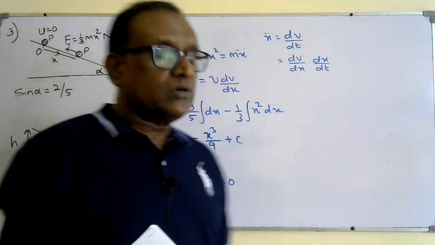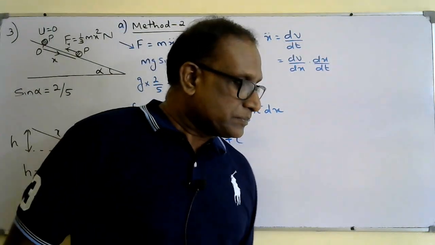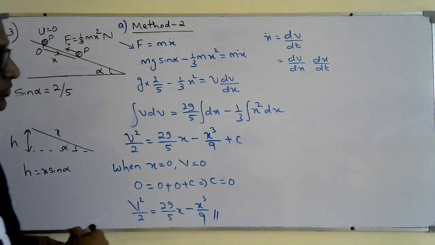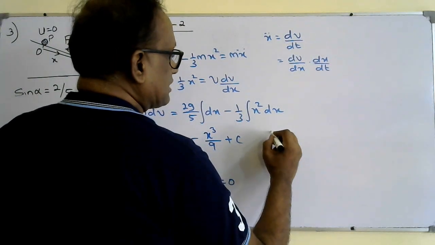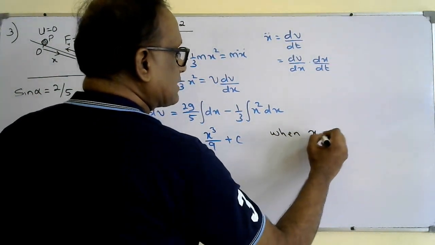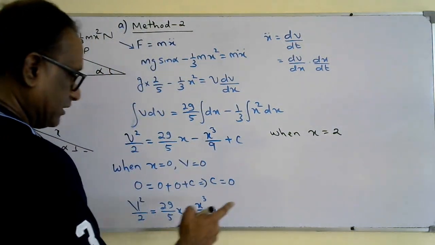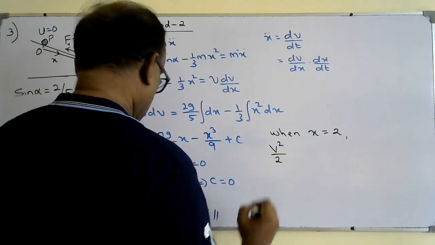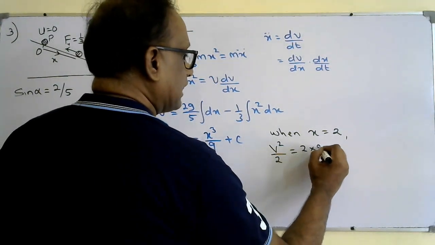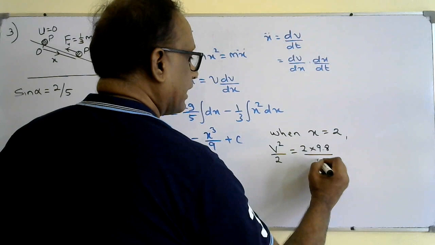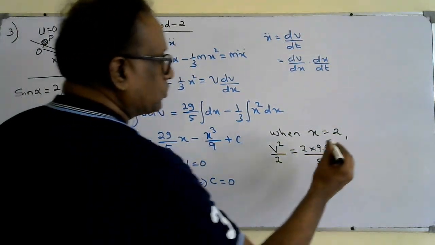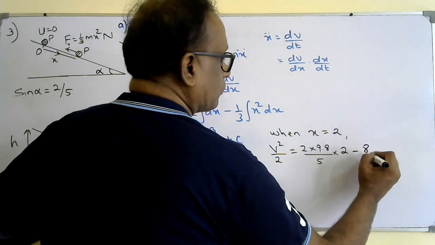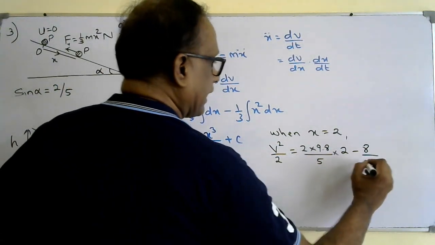Okay, so now the question is, find the speed when x equals 2. Now substitute x equals 2 and find the v. So v squared over 2 equals 2 into 9.8 over 5 into x equals 2, minus 2 cubed, that is 8 over 9.